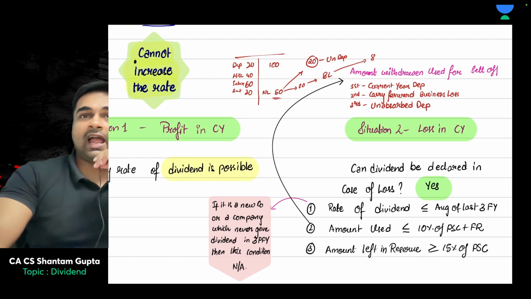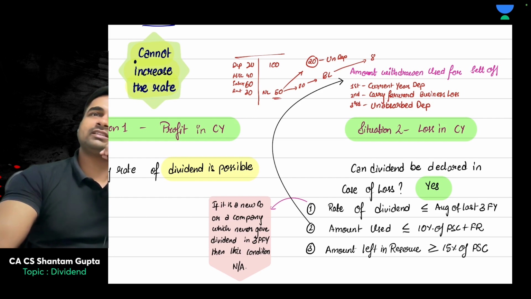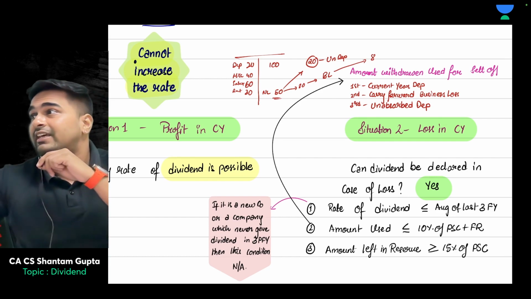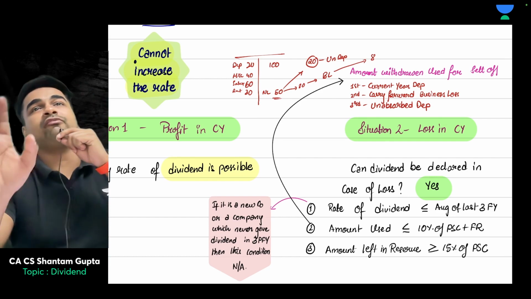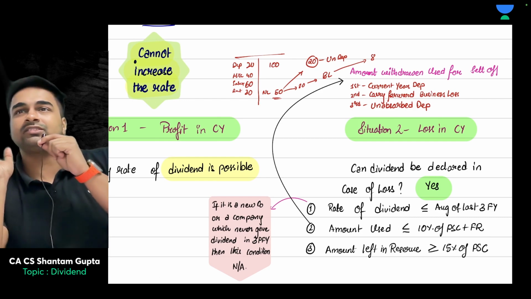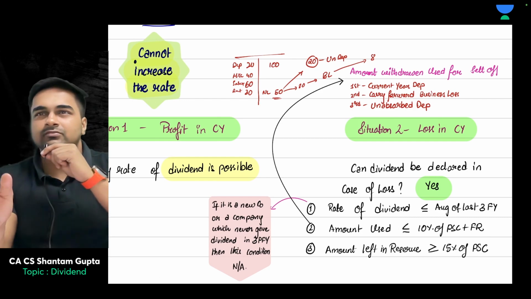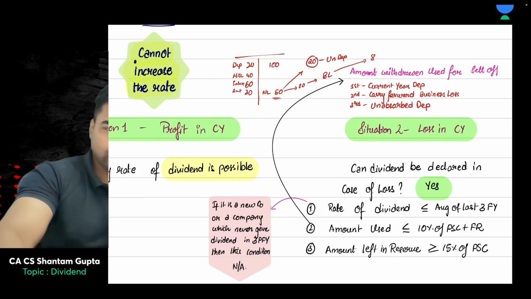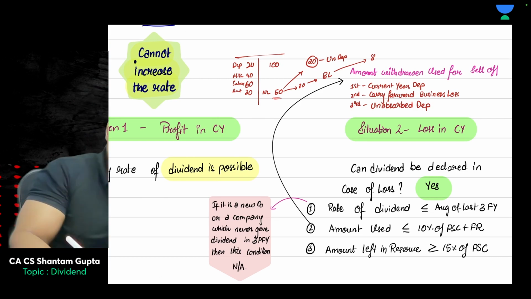Can unabsorbed depreciation be reclaimed? Yes. The only simple requirement was that in the year they are leaving India, they should have filed their tax return as a proof that I have paid them. Clear? Okay. Finish writing this. Don't draw the P&L. That was just for understanding purposes.